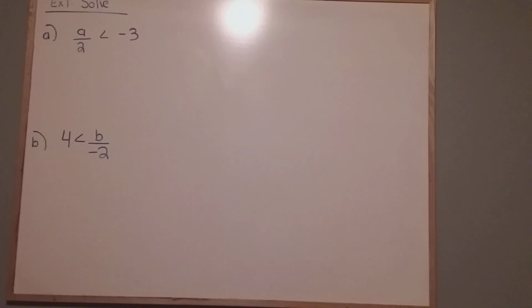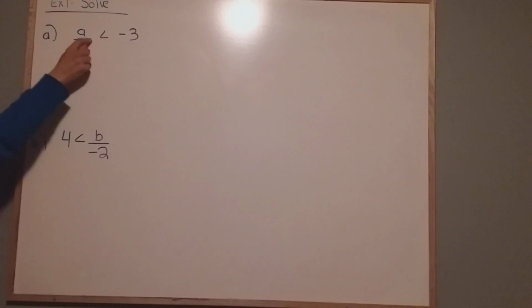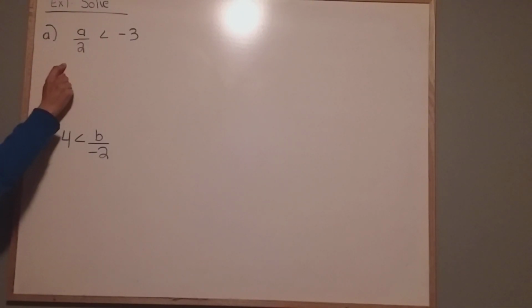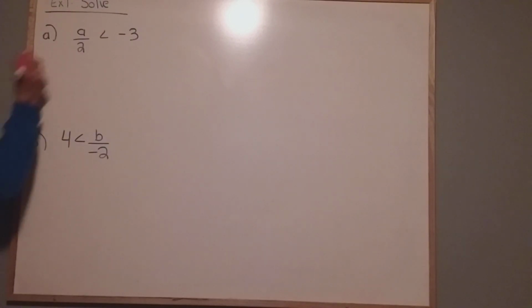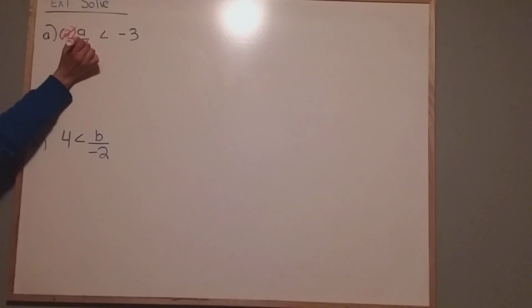Example 1. We're going to solve two questions. I have a over 2 is less than negative 3. In order to solve this, we're going to pretend that the inequality is an equal sign and follow the rules that we learned in our last chapter. We start with the side of the variable. I want to get rid of the 2, so I multiply by 2 because that will cancel it out.